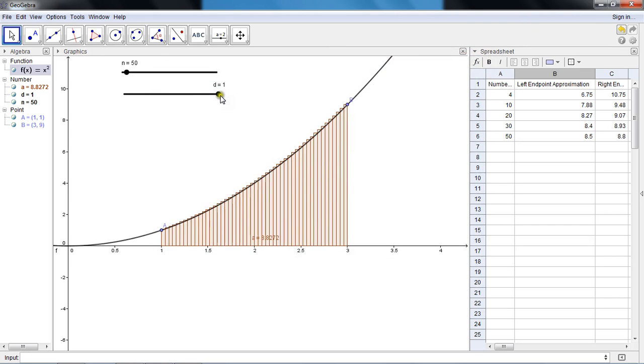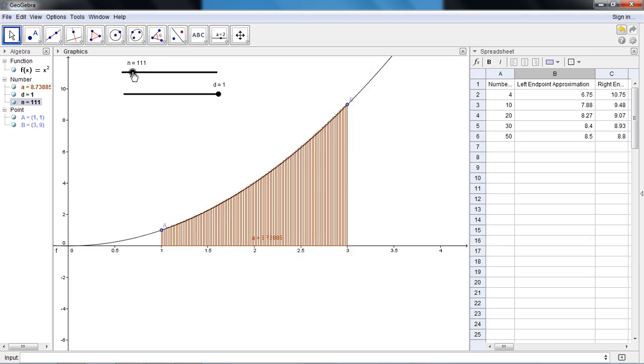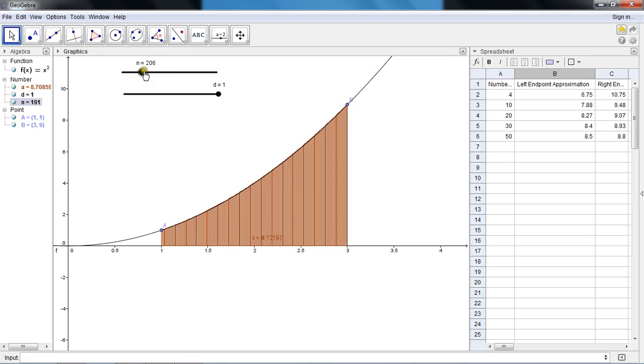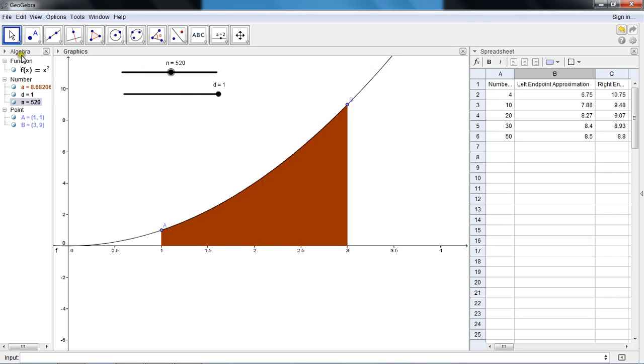So let's close this window so we can see what's going on. And if we slide this slider all the way out, you can see our area values 8.73, 8.71, 8.70. I can't even read it over here. 8.68, 8.67.